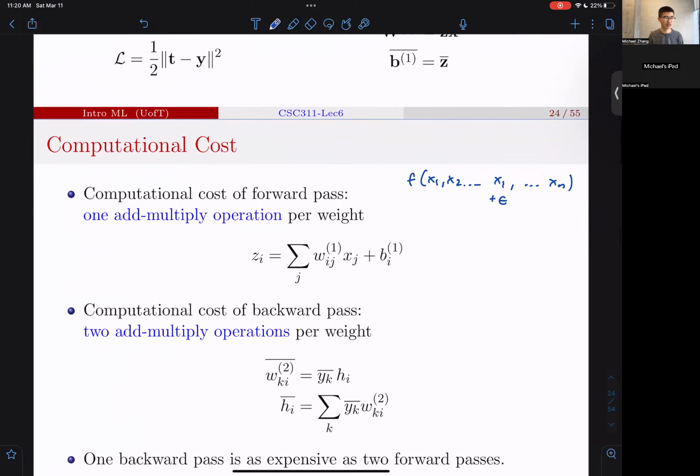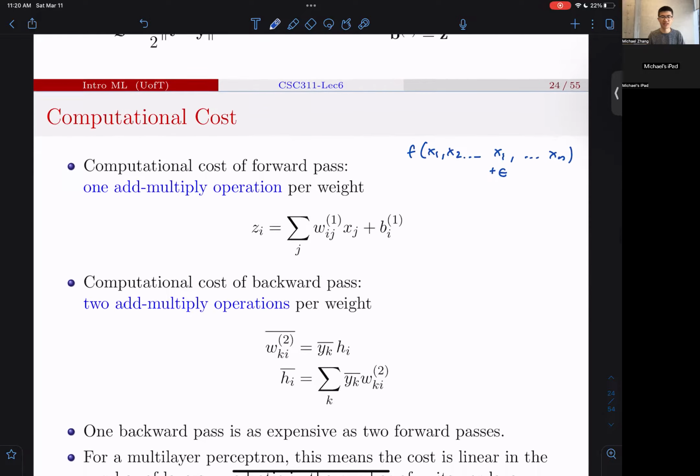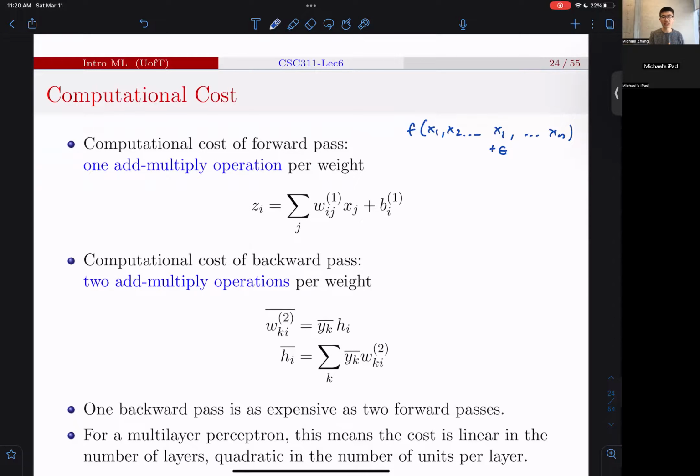In contrast, if you do a rough back of the envelope calculation on how expensive our backpropagation algorithm is, it's roughly 2 times more expensive than the cost of a forward pass. And that's because for each weight, when you're going forward through the graph, you do one multiply to the previous layer's input.